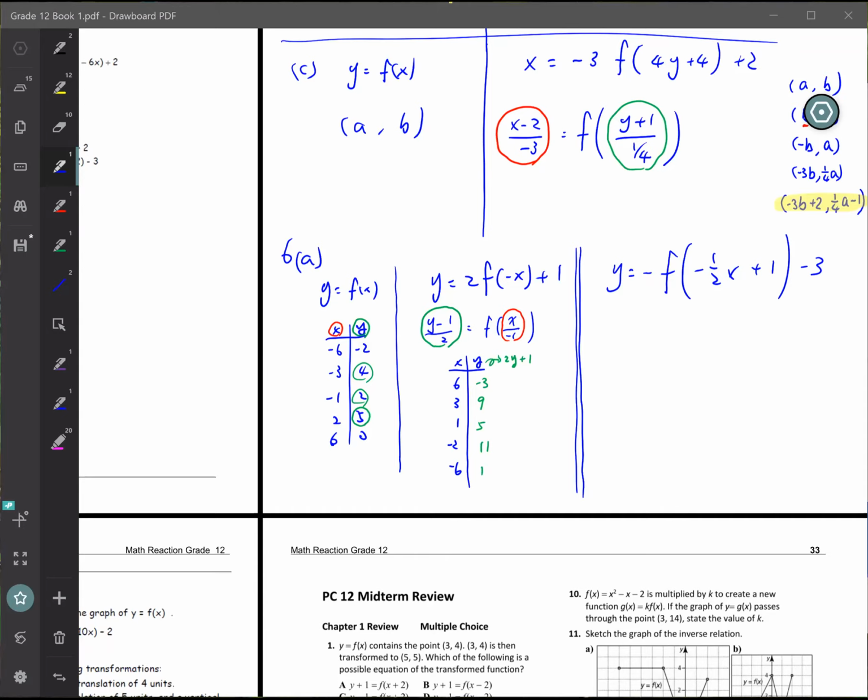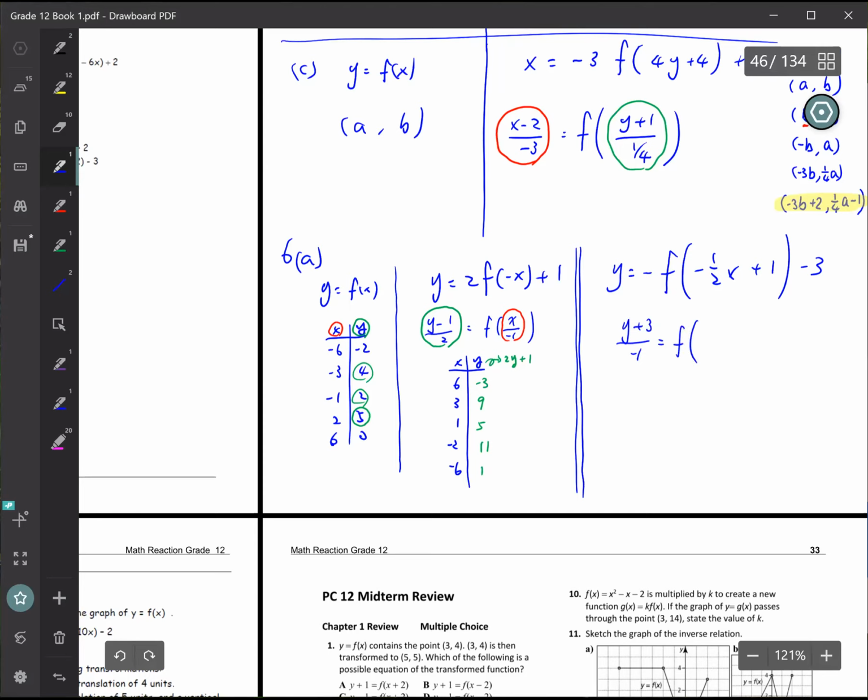Okay, Chris Young, can you tell us your story form for this? Y plus 3 over -1 equals f of brackets x minus 2 over -2. Yes, okay. Now everybody should know how to deal with the inside, right? Negative half, you need to factor it out. So that will make the 1 become -2.